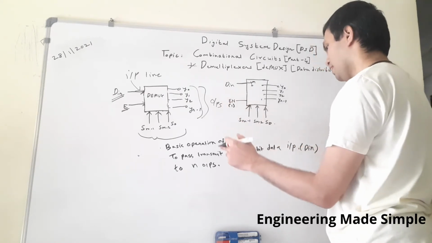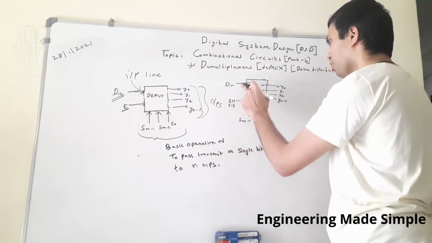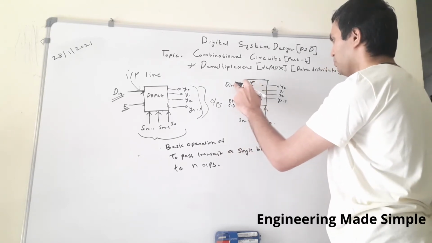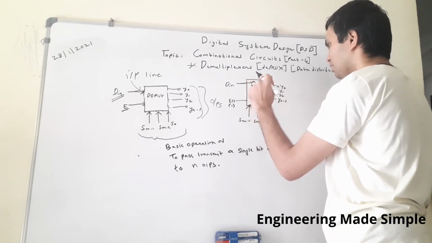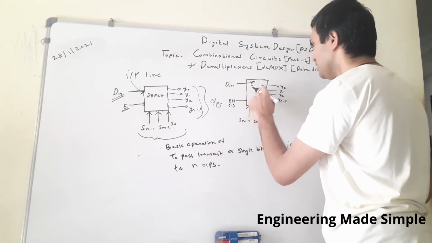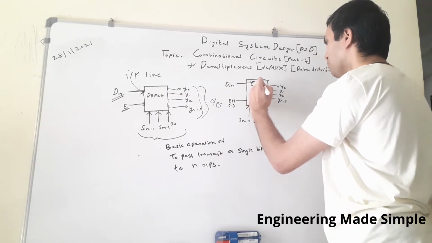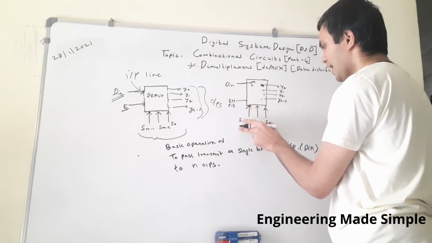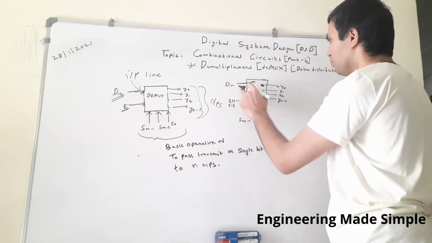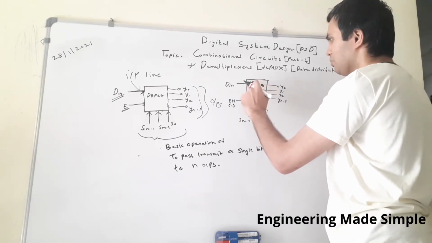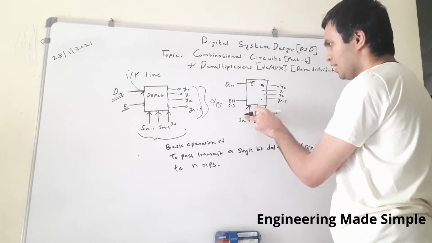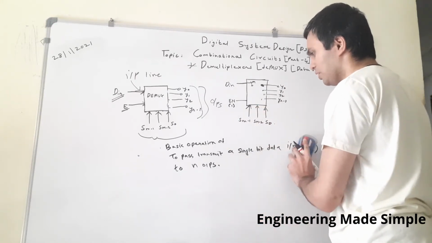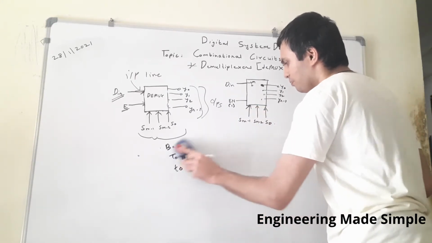Now, for distribution of this data input to the various outputs, at any one time only one output is selected. How the connection between the input and output takes place is determined by your select inputs. Let me explain this once more in simpler language.